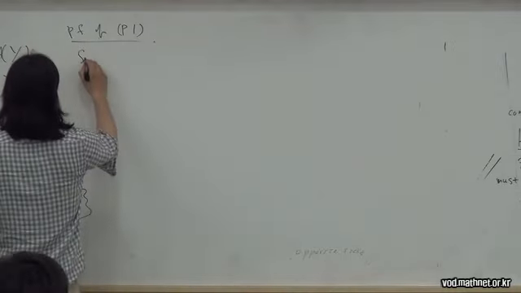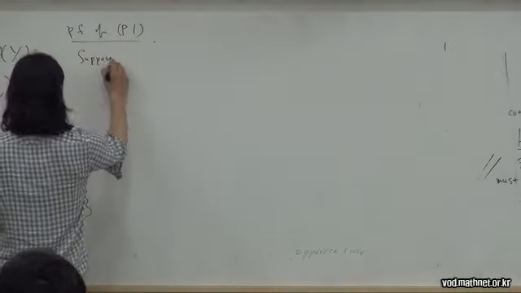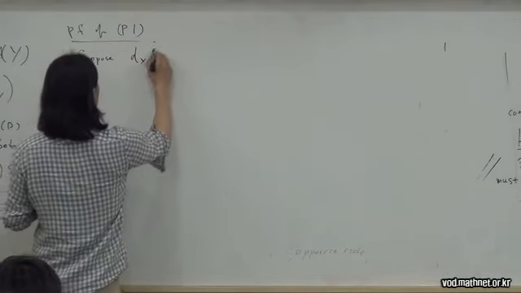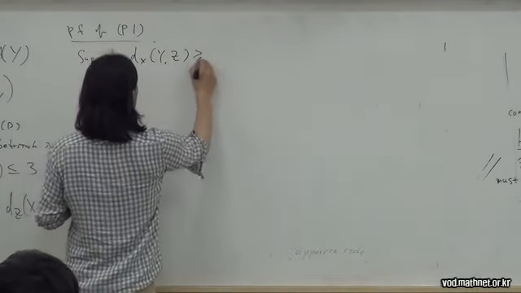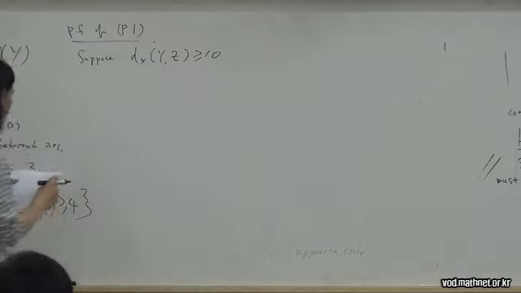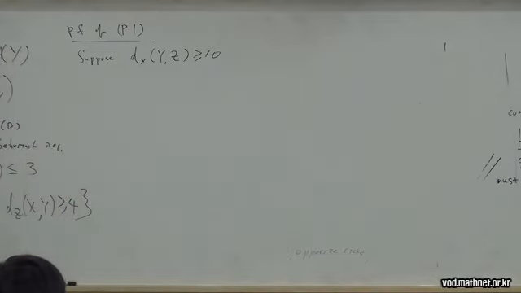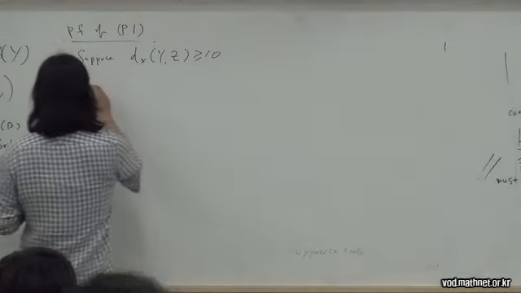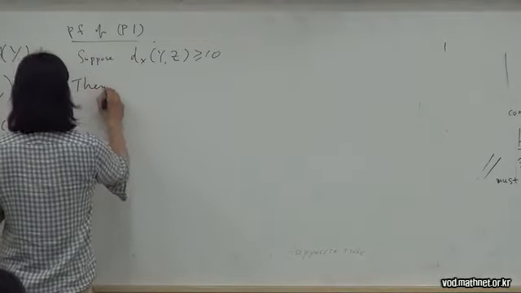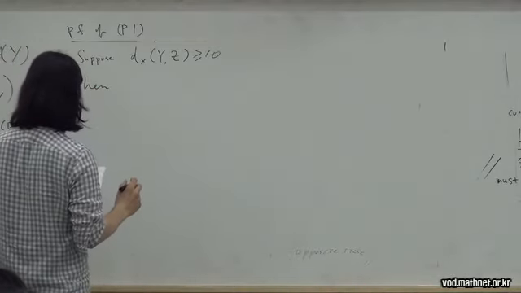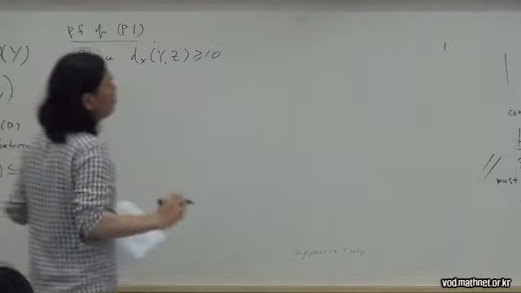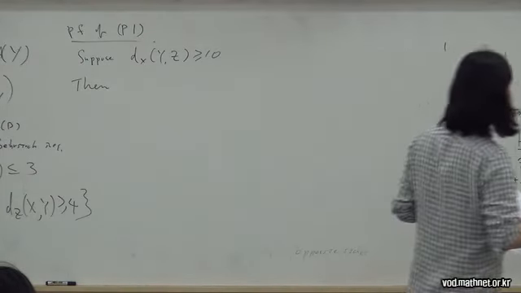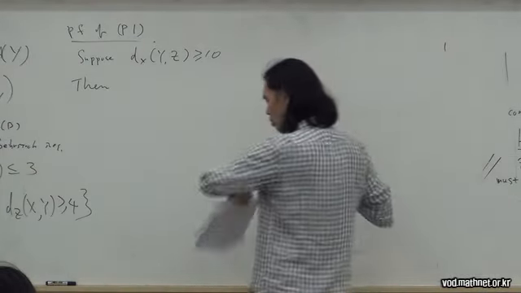So suppose d_y(x, z) is at least 10. Then I'd like to show this. The other one is exactly the same, so let me just show this one. First of all, where was the important inequality?